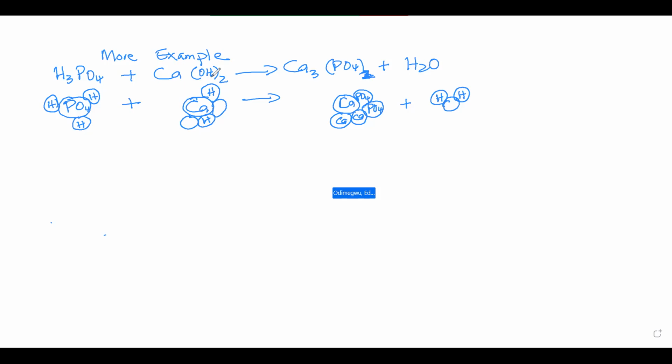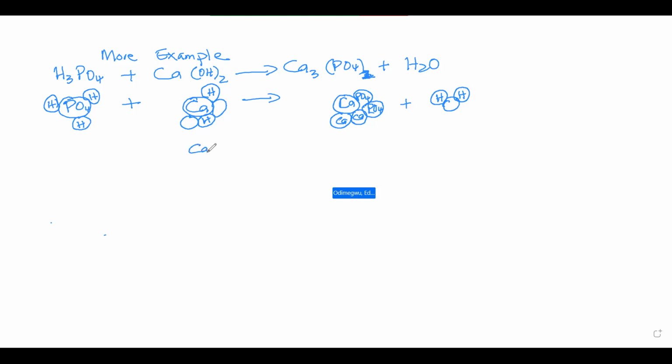So you start with the more complex one. There's 3 calcium atoms here. There's 2 phosphates here. Okay, now, do we have 3 calcium here? No. So what we do is we add 2 more of this.